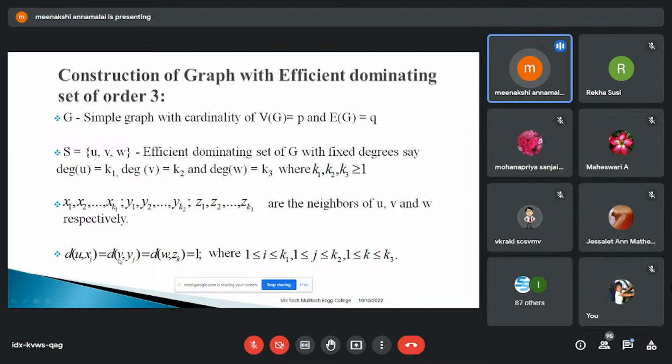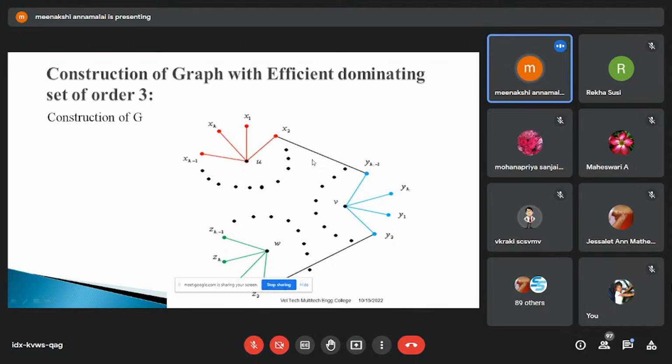Now this is a preview of that network. I didn't complete it, just for your understanding I inserted this network. Look here, this is u. How do we frame this? n is congruent to 0 mod 3, so that's why three efficient dominating members are present in my network.